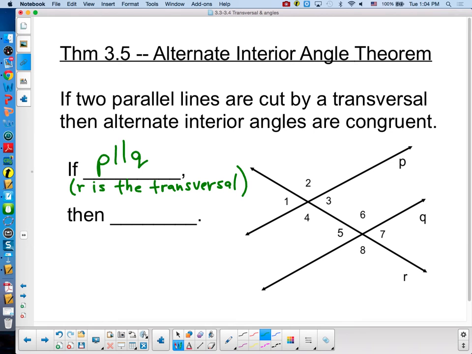Carrie? If P is parallel to Q, then 4 is congruent to 6. Angle 4 would be congruent to angle 6. Yep, those are alternate interior, as long as the lines are parallel.